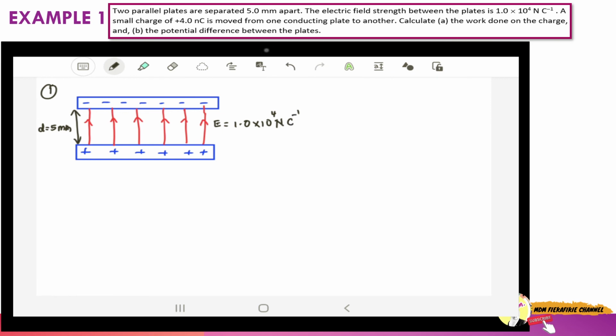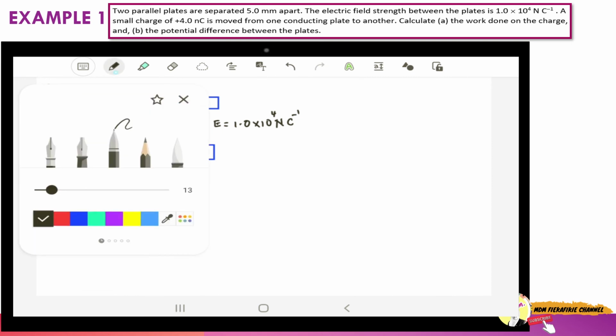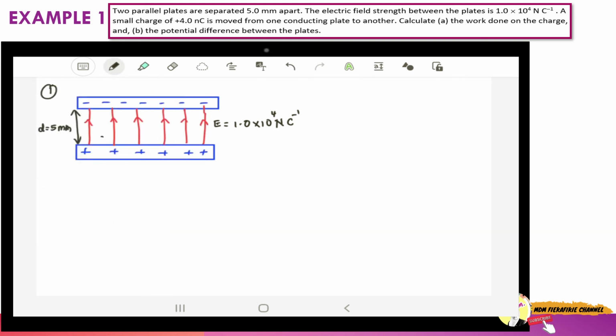We have a small charge which is positive, so this charge starts from here. The positive charge is moved from one conducting plate to another, so it will move in the direction of FE. Now calculate the work done on the charge. So let's start with the equation for W.